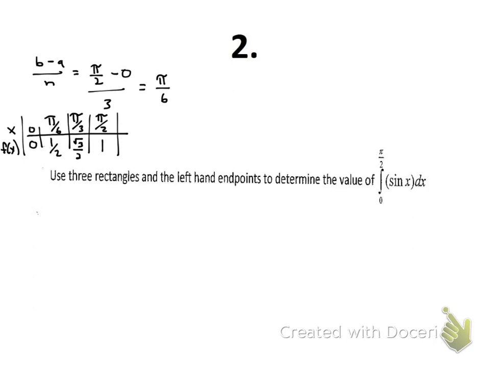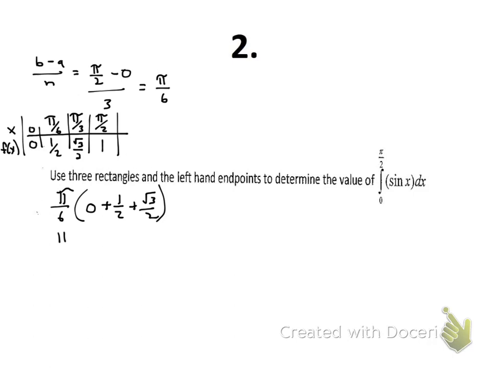Our width every time is what for our rectangle? Pi over 6. So our width is pi over 6 times, and I said use left-hand endpoints, so we're going to use this one and this one. So we're going to say 0 plus 1/2 plus square root of 3 over 2.